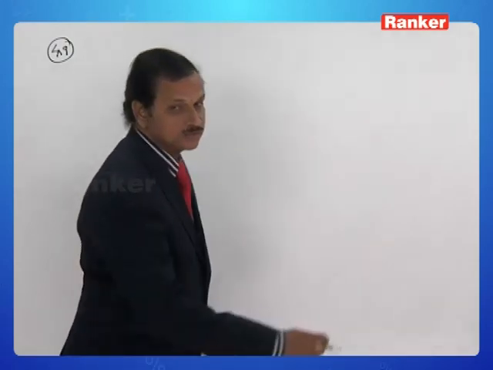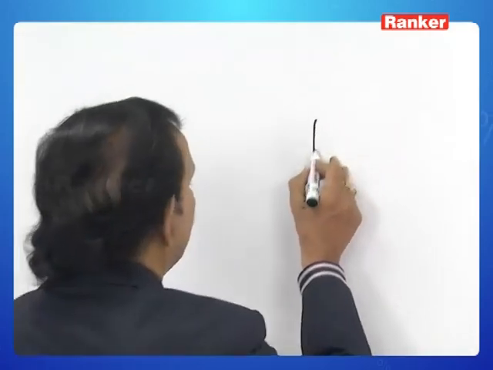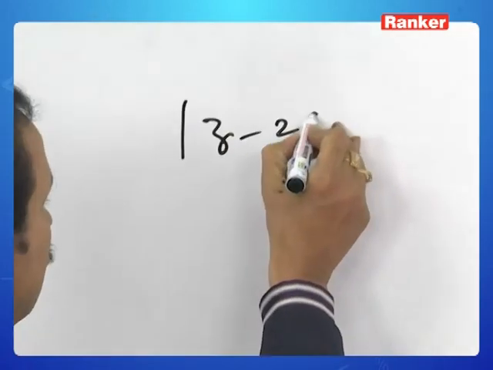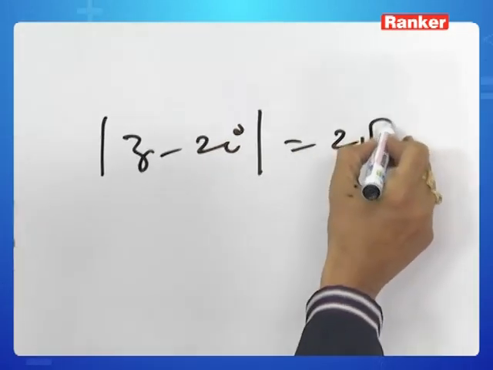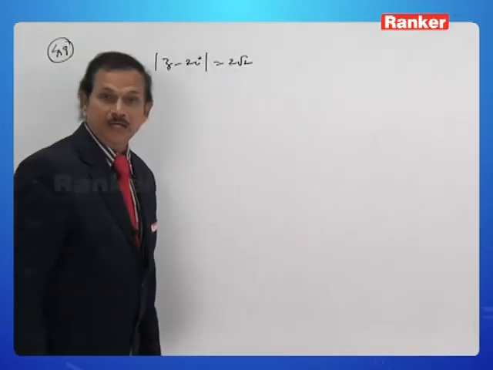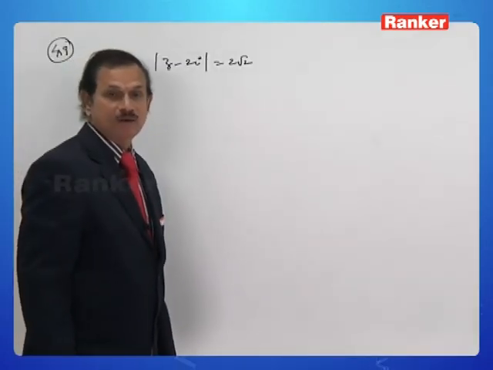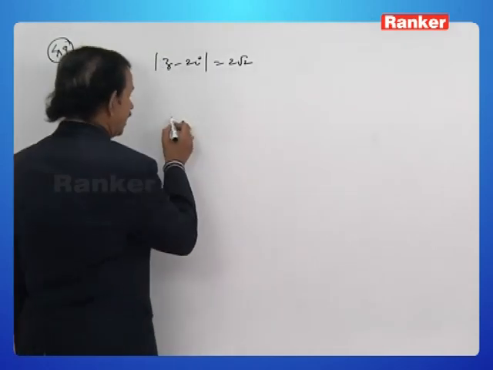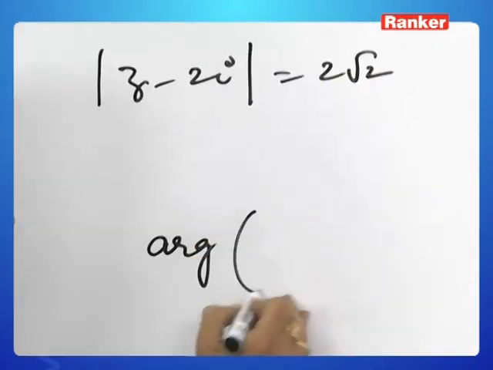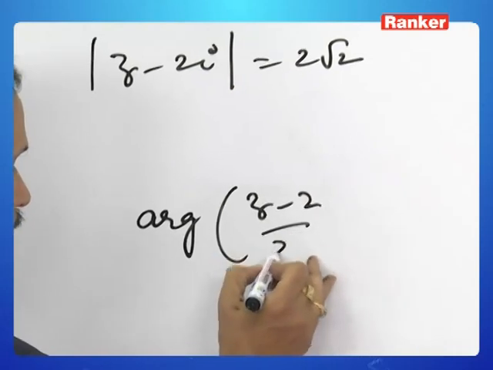We should first of all understand the position of z. It lies on the circle mod z minus 2i is equal to 2 root 2. And we are asked about the value of argument of z minus 2 by z plus 2.